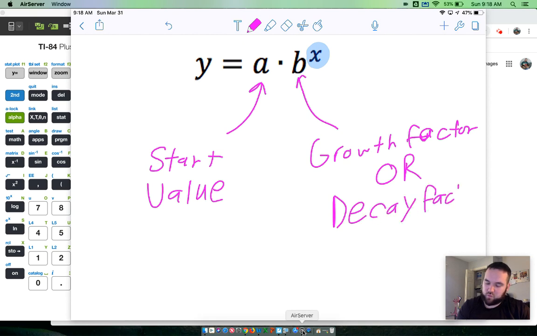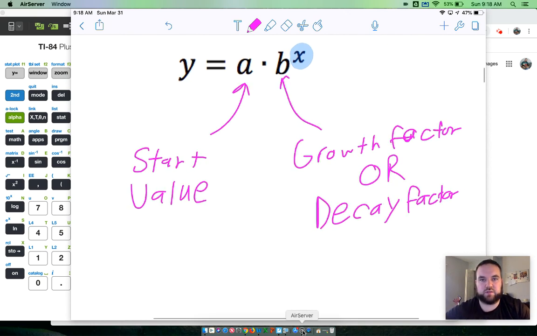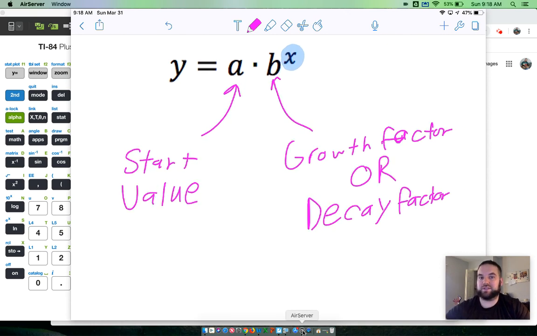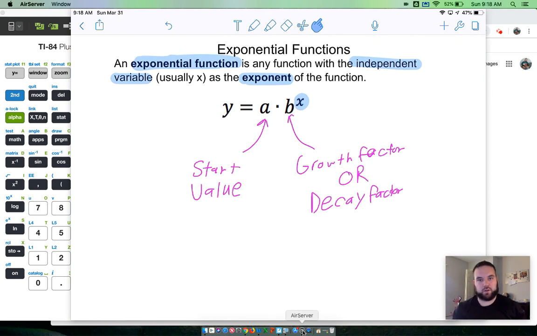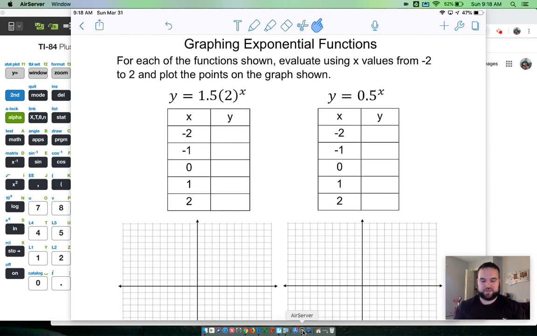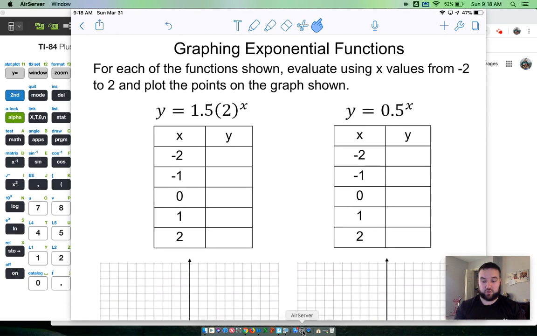Whether it's the growth factor or the decay factor is going to depend on what the number is itself. We'll get into that a little bit, but this is how you're going to see it set up. It's going to be a number times another number raised to the power of x. So start value times growth or decay factor to the x power. And that's what we call an exponential function. Easy. Moving on.